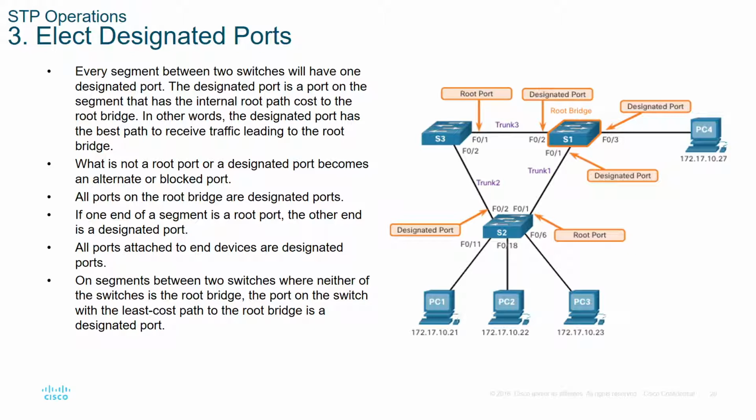So we can see here in our diagram, designated ports on the root bridge are all the ports on that root bridge, so Fast Ethernet 2 and Fast Ethernet 3. On switch 2, we have a designated port of Fast Ethernet 2 because that's a port going towards the root port out of Fast Ethernet 1.